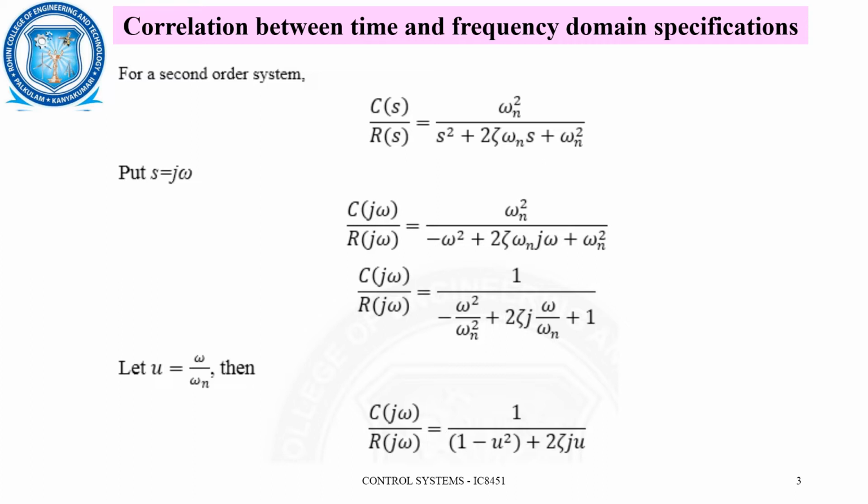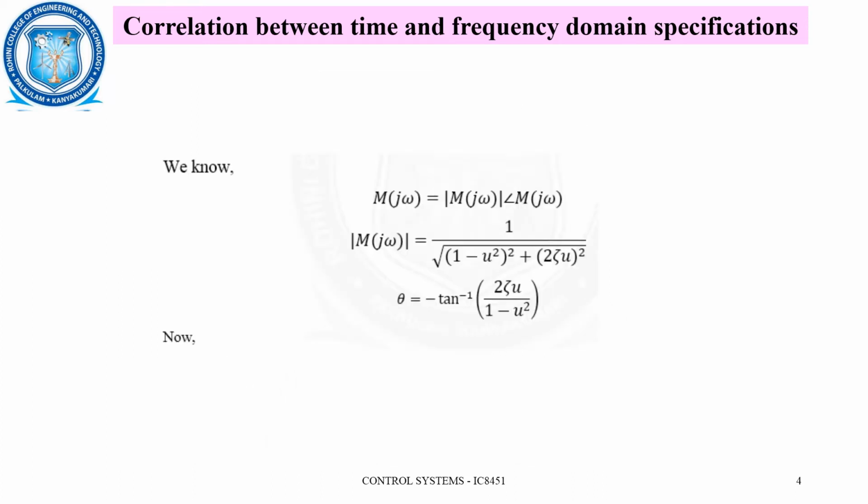By introducing the term u, the transfer function becomes 1 divided by 1 minus u square plus 2 zeta ju. So the denominator term is a complex term. Now let us take the magnitude and angle of this transfer function. The magnitude is 1 divided by root of (1 minus u square) the whole square plus (2 zeta u) the whole square.